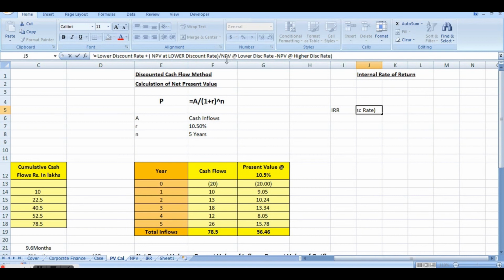Now after this, let us complete the formula. NPV at lower discount rate minus NPV at higher discount rate. The whole of the bracket, not the whole of the formula, but the whole of the bracket, multiplied by the difference between the lower and higher discount rate.